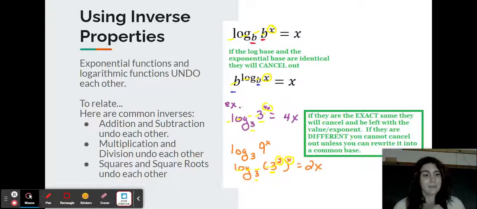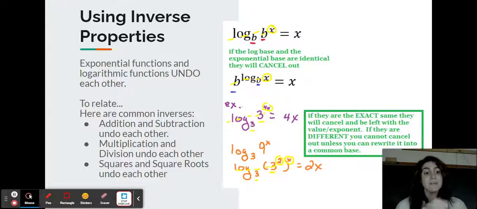So if I have a log base 3 and I can rewrite its argument to be 3 to some power, I want to do that. So it's going to cancel out. So 9 I'm rewriting as 3 squared. Now I got log base 3 and the 3 of the exponential part, they're canceling. So I'm left with the square and I'm left with the x that was originally there. So together they make the 2x.